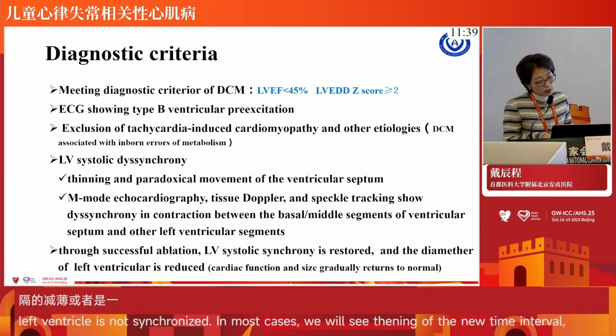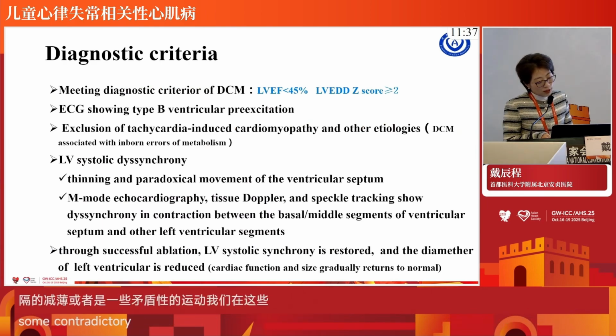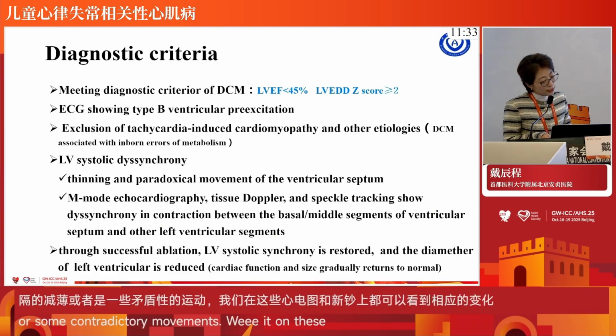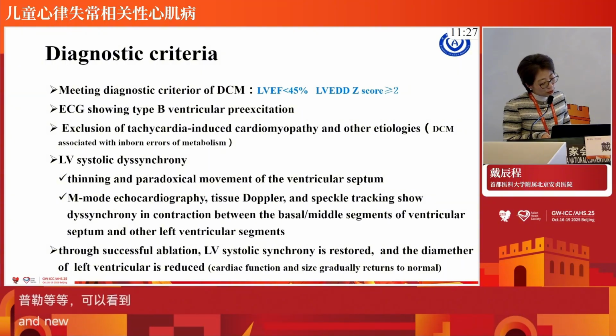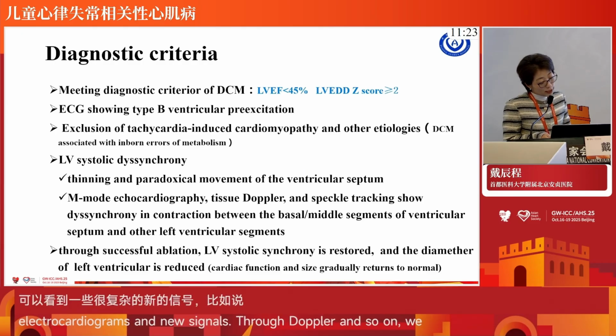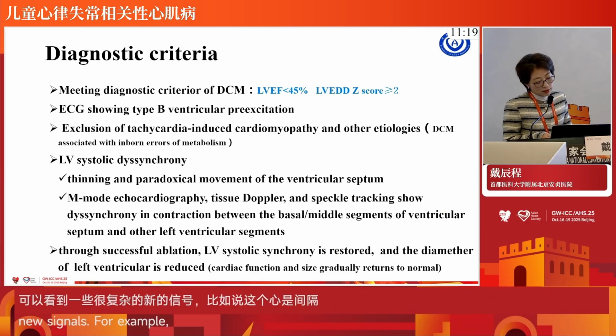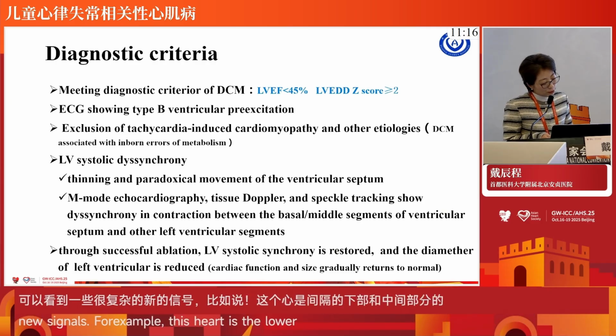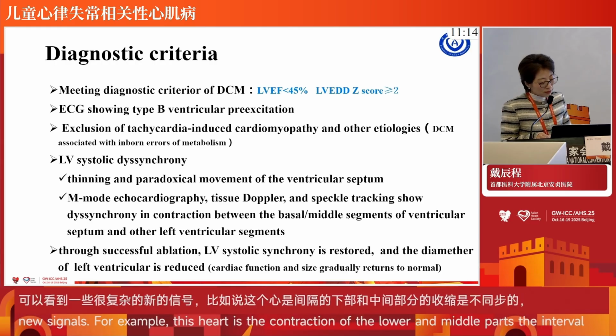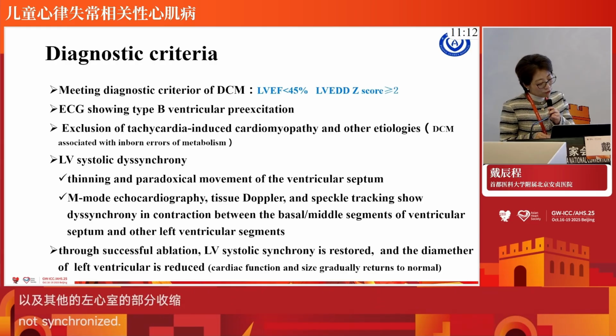And the tissue Doppler and the speckle tracking can show more details, that is, dysynchronicity in contraction between the basal or middle segments of the ventricular septum and other left ventricular segments. Through successful ablation, left systolic synchronicity is restored, and in the meantime, the diameter of the left ventricle is reduced. That is to say, cardiac function and size gradually return to normal.